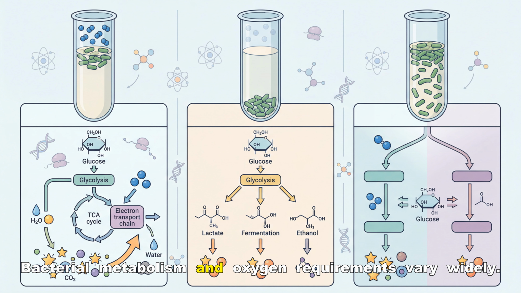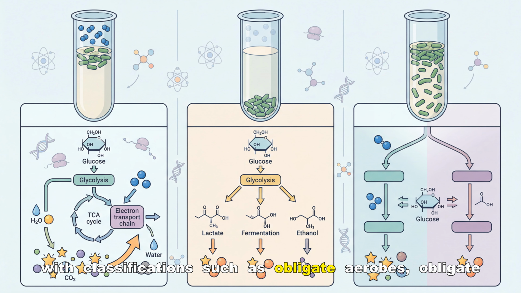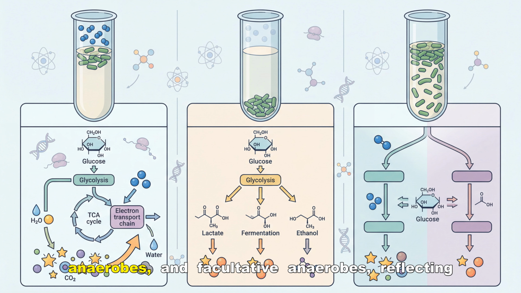Bacterial metabolism and oxygen requirements vary widely, with classifications such as obligate aerobes, obligate anaerobes, and facultative anaerobes, reflecting their energy production strategies. Obligate aerobes require oxygen for survival because they rely on aerobic respiration to generate ATP efficiently.